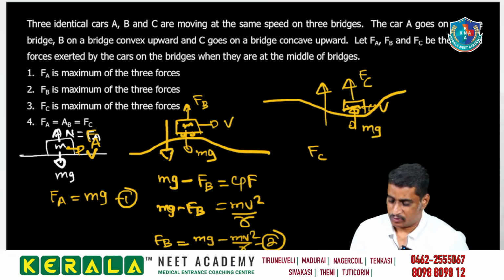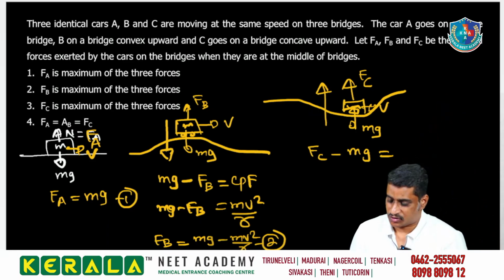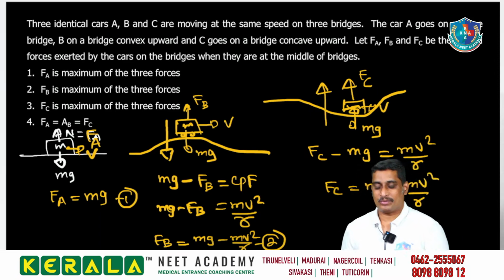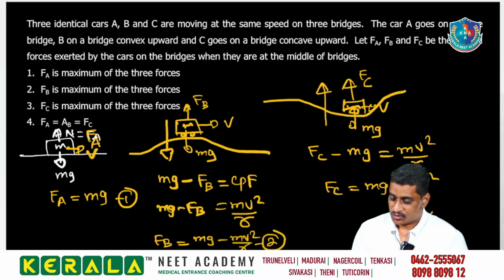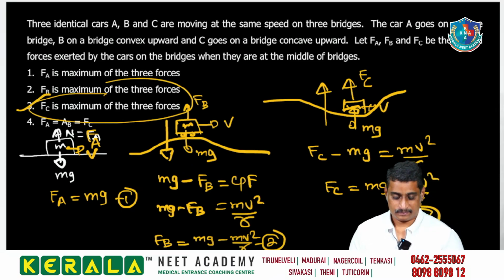Centripetal force in this case will be given by FC minus mg, that is the resultant force which is acting towards center, will provide centripetal force, nothing but mv square by r. So FC will be equal to mg plus mv square by r. We are getting mg plus mv square by r. So if you compare these three cases, FC is maximum of the three forces.